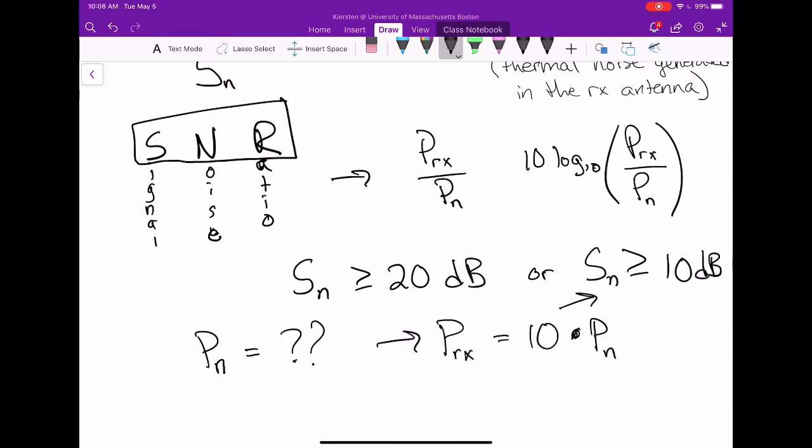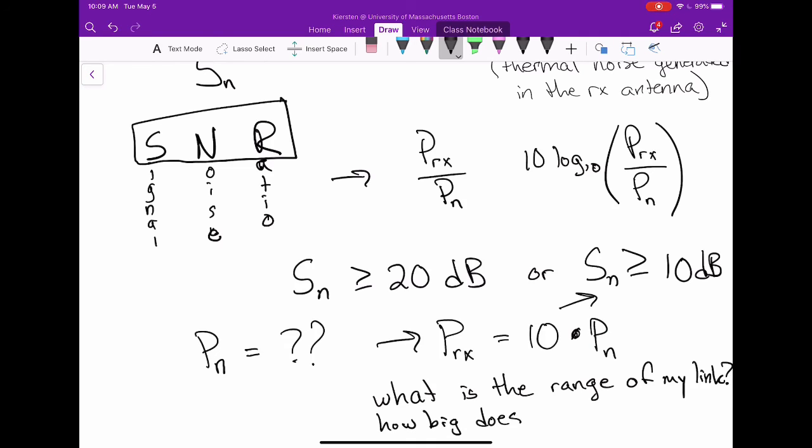And that tells me the answers to important questions like, what is the range of my communications link? Or how big does my receive antenna have to be?